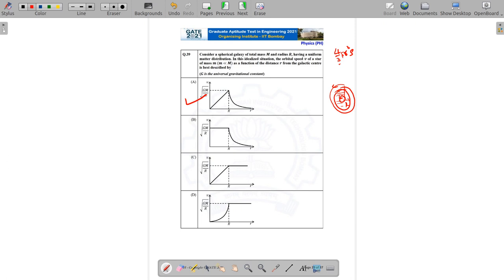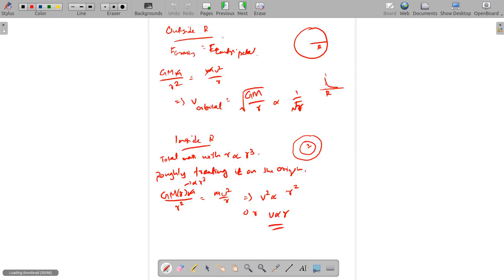So that means the usual gravitational rules should follow, right? If you remember the orbital velocity of any satellite around a planet or star, whatever gravitational body, you equate your gravitational force to your centripetal force.